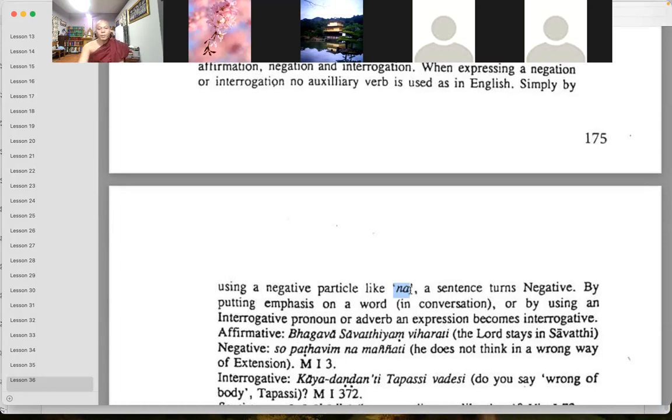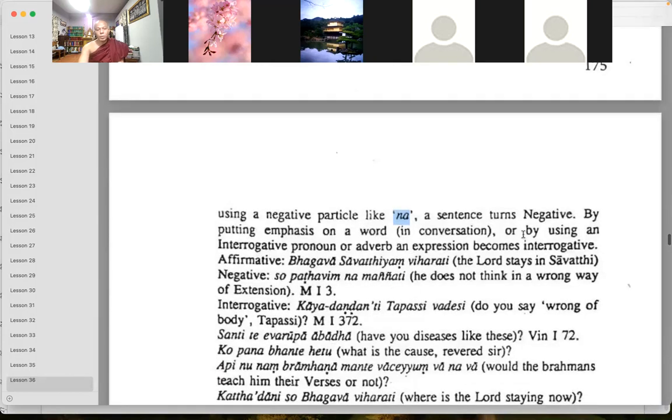The same way for the interrogative also, we don't need to use any auxiliary verb like do or does to make a question. Just put in the question word, an interrogative pronoun, or some adverb derived from the interrogative, like kattha or kuhim or something like that.